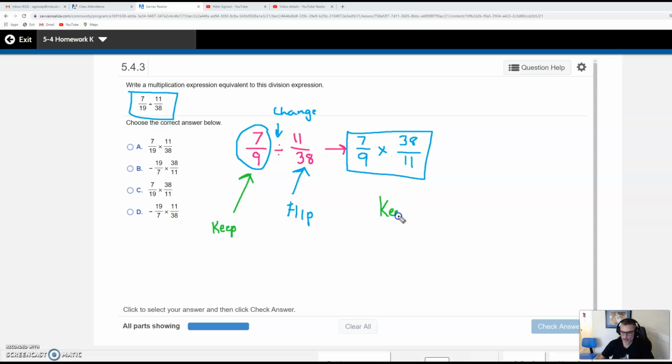So a lot of times people say KCF, not to be confused with KFC. KCF, keep, change, flip. So anytime you're dividing two fractions, you keep, you change, and you flip.